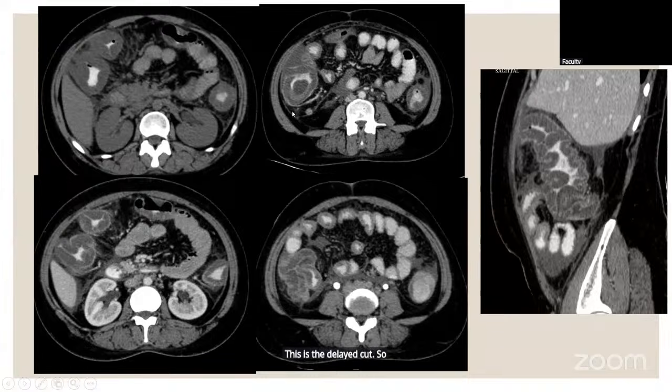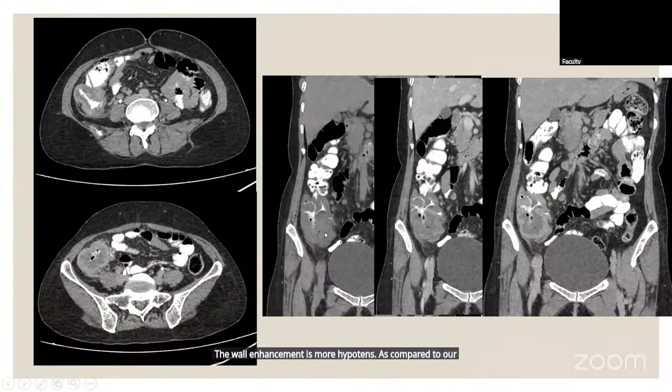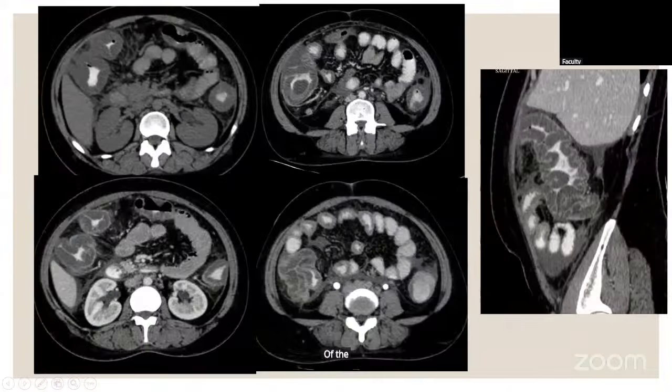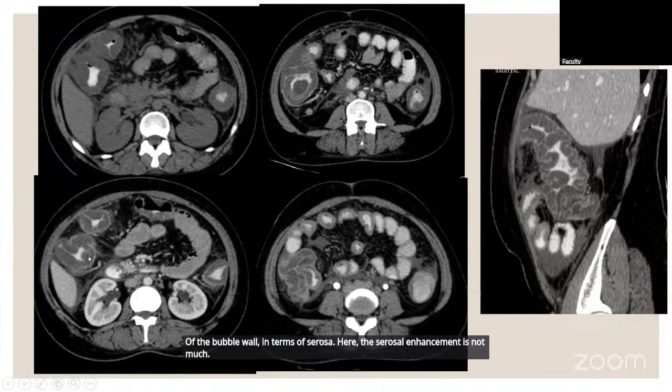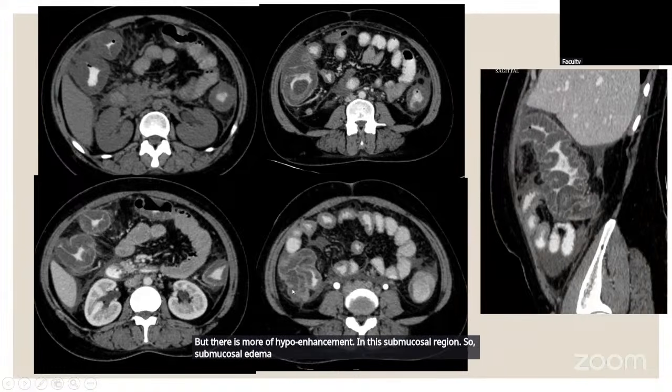So from plain to arterial to venous to delayed phase, the wall enhancement is more hypodense as compared to our previous case where there is a little bit more enhancement of the bowel wall in terms of serosa. Here the serosal enhancement is not much, but there is more hypoenhancement in the submucosal region. So there is a submucosal edema pattern.